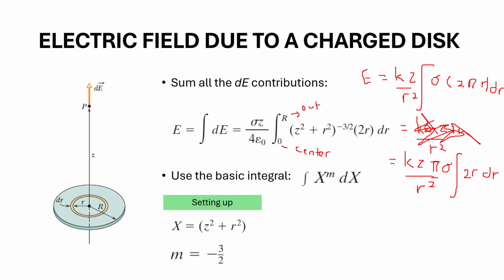Okay, so when you already have the equation, you can just elaborate the constant term. So k equals 1 over 4 pi times the permittivity of free space epsilon naught. Then you have kz, pi and also delta.